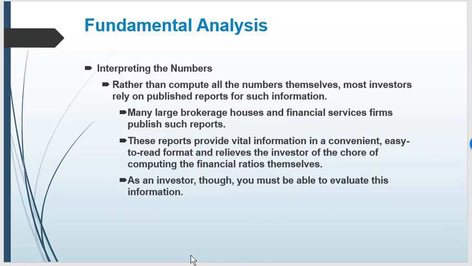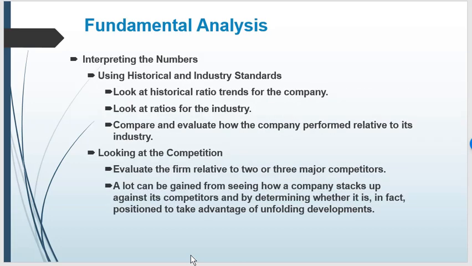So how do we interpret these things? Again, essentially what we're looking for are trends, right? We want to be able to understand the basics of what the ratios mean and how we can employ that to make good investment decisions. Other ways that we can use this: we have only been looking at the company historically.